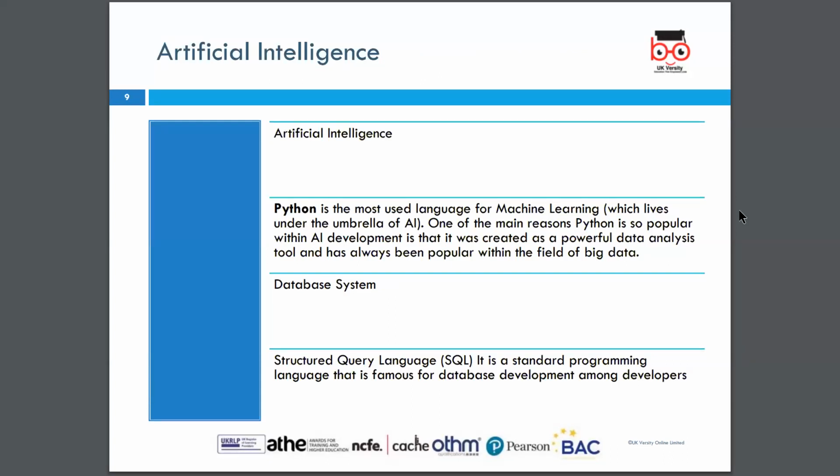And when it comes to artificial intelligence, Python has been the most used language for machine learning and deep learning. So if you're looking to become a machine learning engineer, you will be required to learn Python.